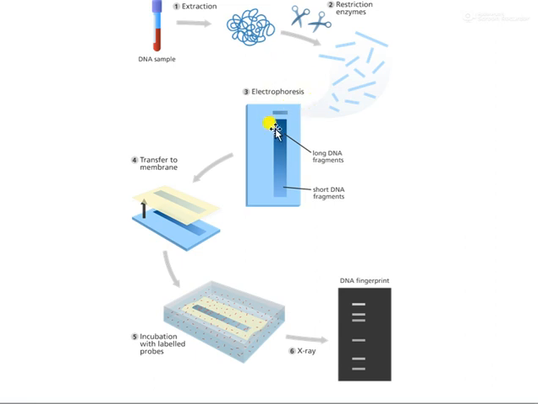When an electric field is applied during electrophoresis, the DNA fragments get separated based upon size, because the charge is the same for all the fragments. The shorter DNA fragments will be found towards the end, whereas the longer fragments will be found towards the start, since they move at a slower pace.